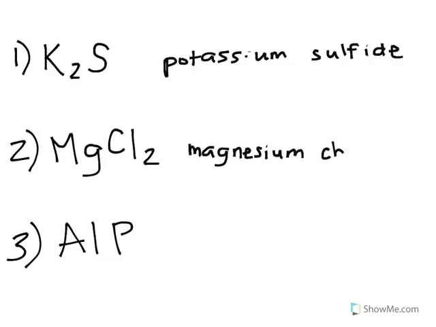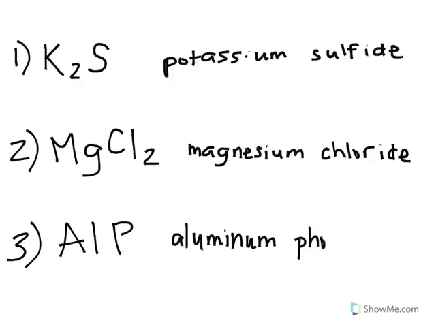The root of our nonmetal is chlor. Add the IDE ending, you get magnesium chloride. Next up, in number 3, we have aluminum as our metal. And phosphorus is our nonmetal, which has a root of phos, and add IDE.